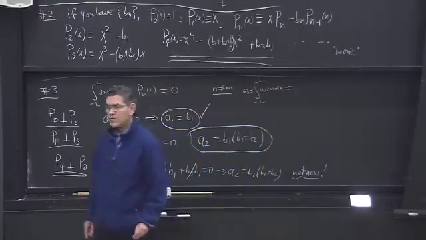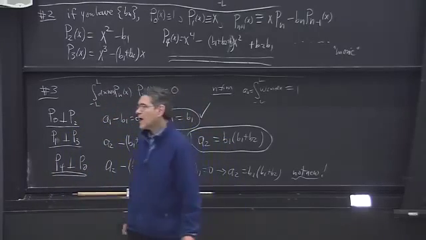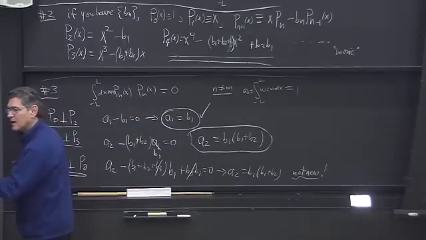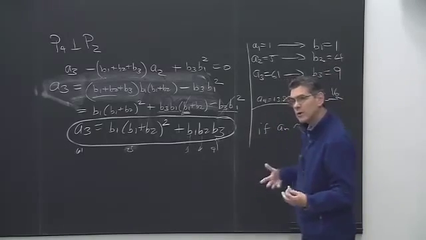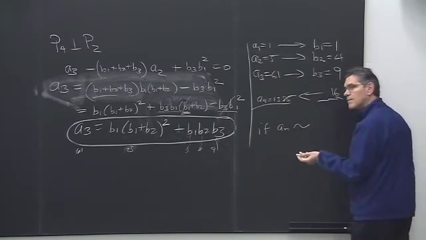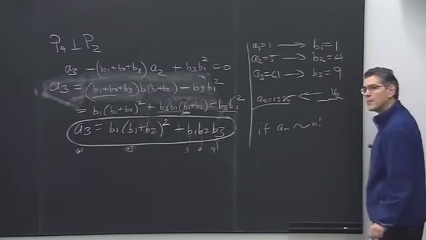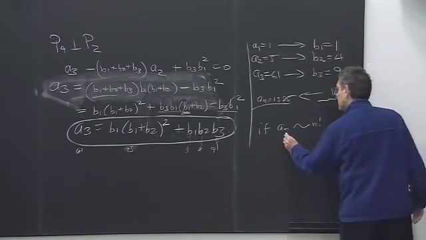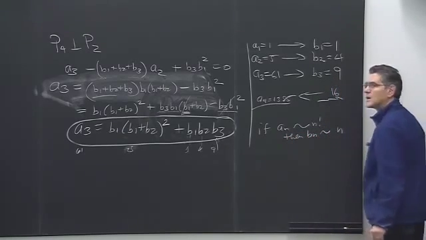The statement is this: if the numbers a sub n are growing very rapidly, as they do in perturbation theory, if a sub n grow like, say, n factorial, then the b sub n grow like n.